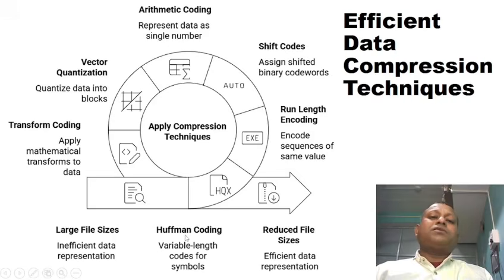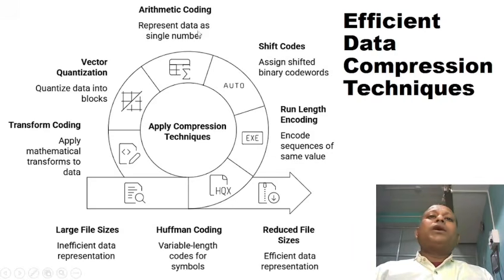These techniques are Huffman coding, which is a variable length code for symbols, and also run length encoding, which helps to encode sequences of the same values. Next is shift codes, which assign shifted binary codes.